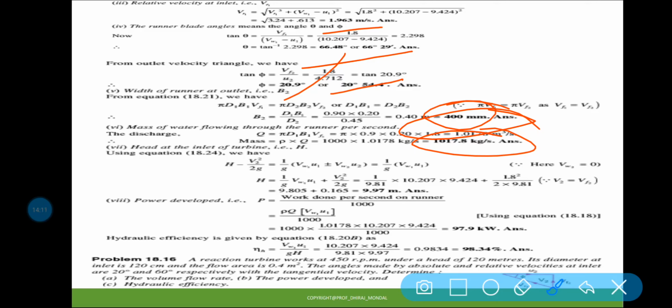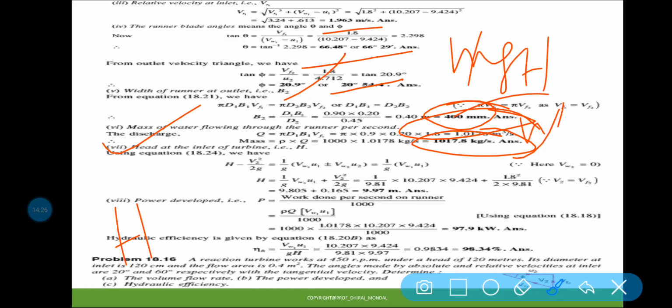Now let us come to the next point, that is your head at the inlet of the turbine. Head at the inlet of the turbine means total potential head, that means potential energy per unit weight. So potential energy per unit weight is your head. Now it is equal to what? It is basically converted into work done and the kinetic head which is available at the outlet of the turbine.